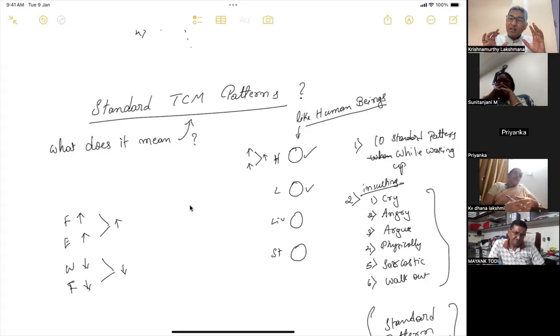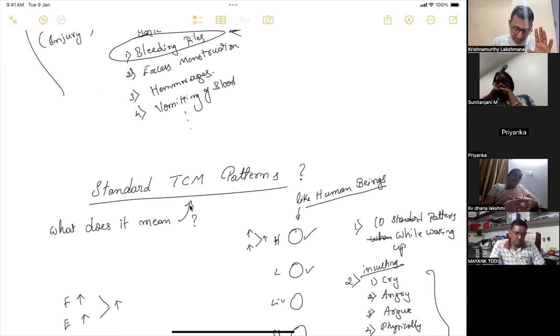Okay, and the ancient masters have identified about 100 standard patterns in which the organs behave in different circumstances.